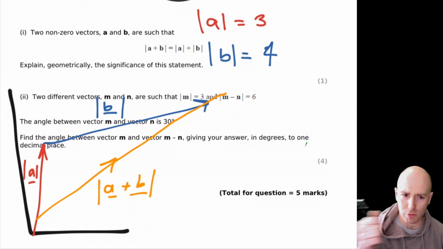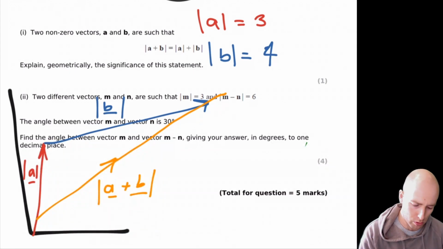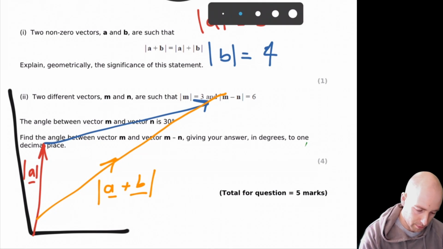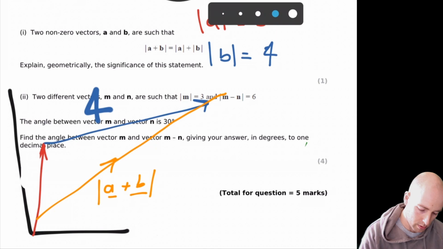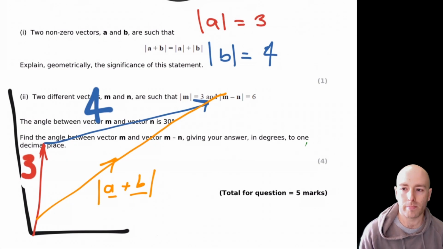In this sketch I've drawn, if B is 4 and A is 3, would you be surprised if A plus B was 7?